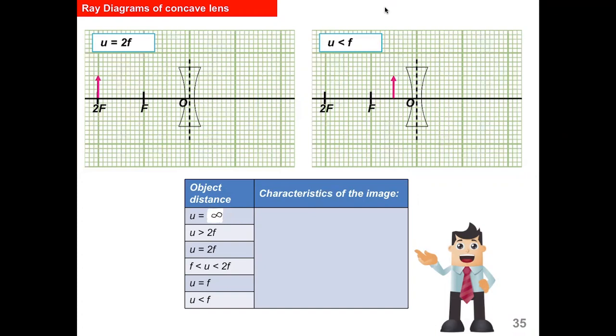We draw the second law from the top of the object, and then it will be refracted in front because F is at the front.